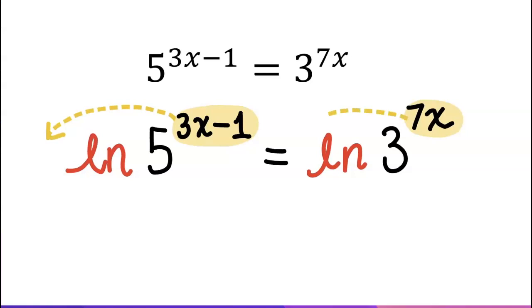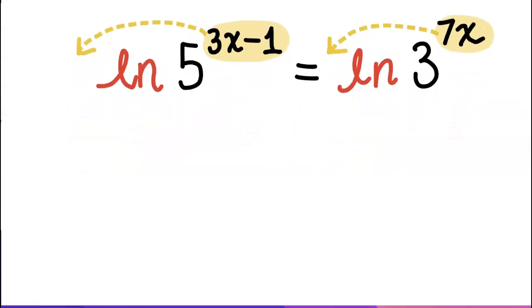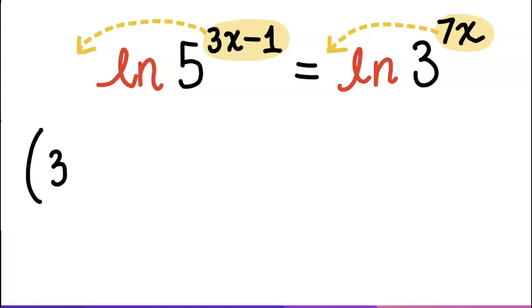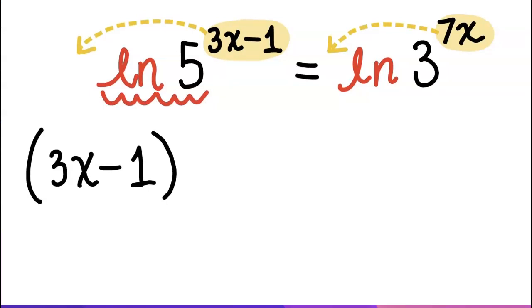Both sides. All right. Now, what we will have is 3x minus 1. But notice I'm putting that inside a parenthesis, so that the next step is clear, that we will be distributing natural log of 5 in.